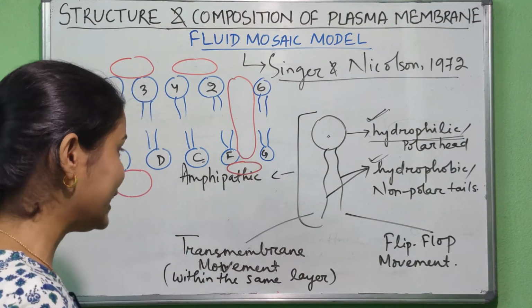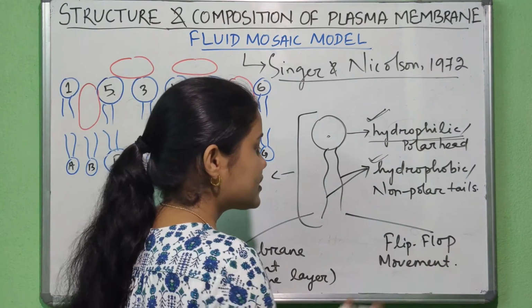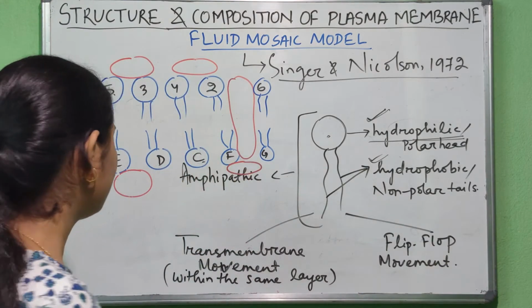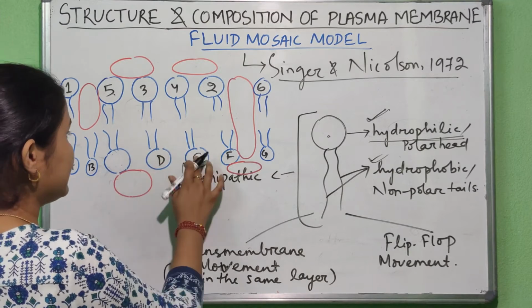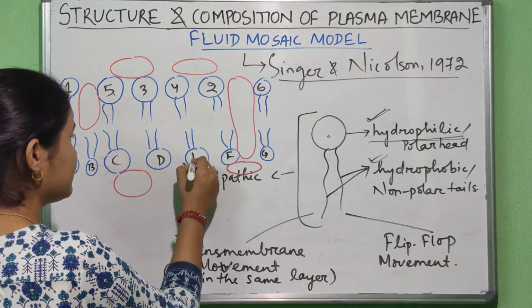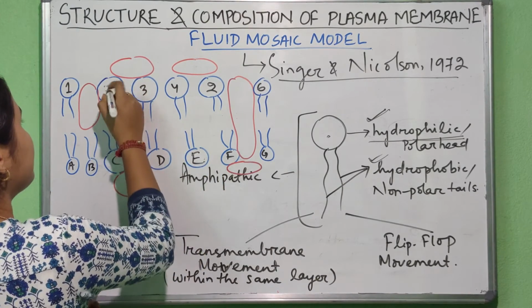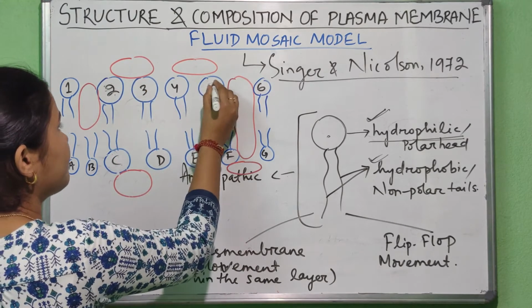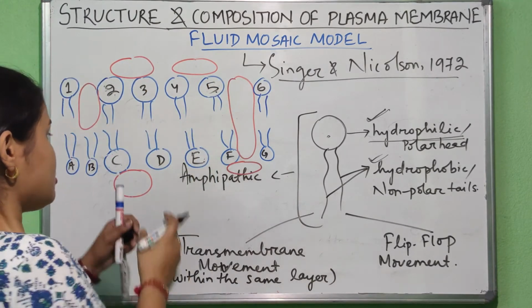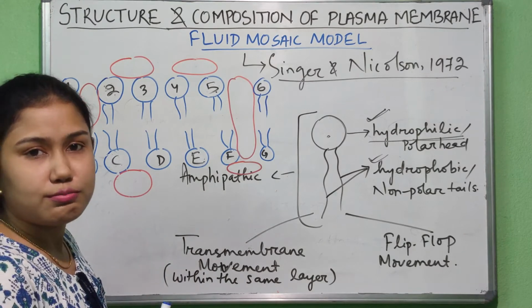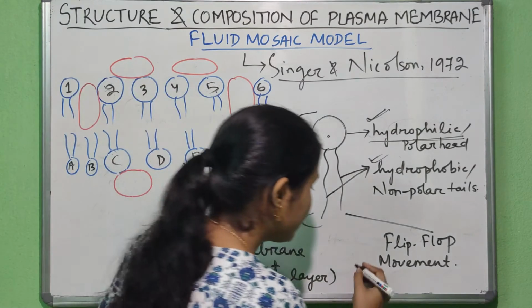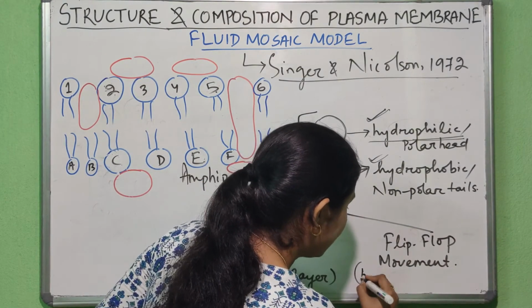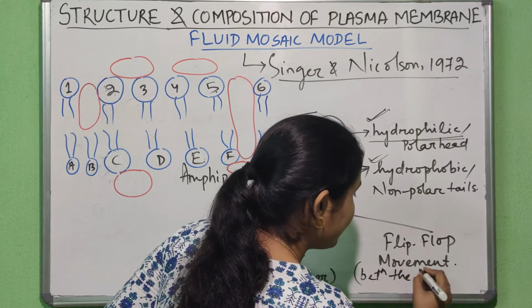Now, next the flip-flop movement. Let us restore our structure. This is number 2 and this is number 5. If it is showing flip-flop movement, then the movement will be between the layers of the lipid bilayer.